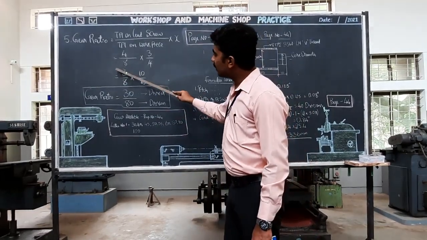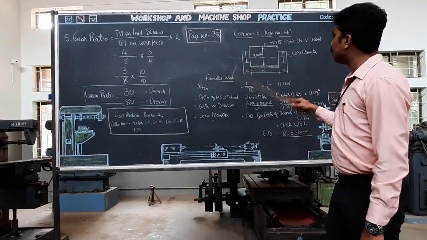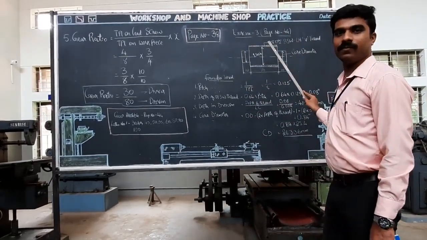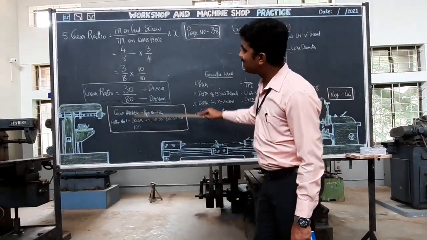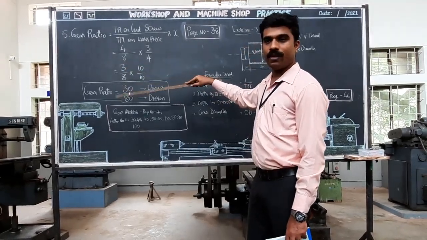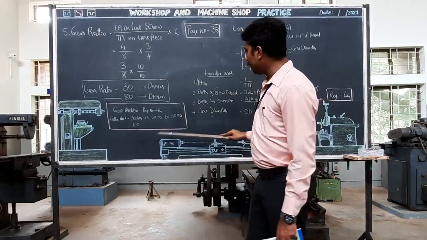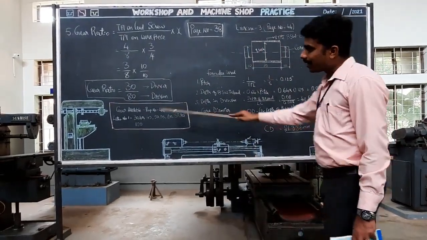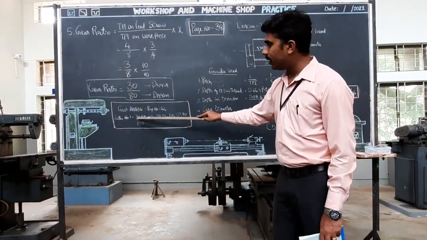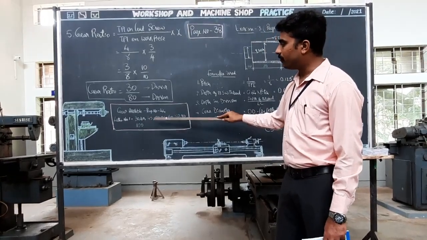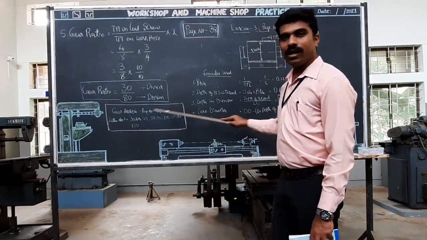Using this 3 by 8, it is not possible to fabricate the left hand V-thread, because the gears that are available do not match the answer we have got. 3 by 8 is the gear ratio we have got right now, but if you refer to page number 44, at the bottom you can see the gears that are available.